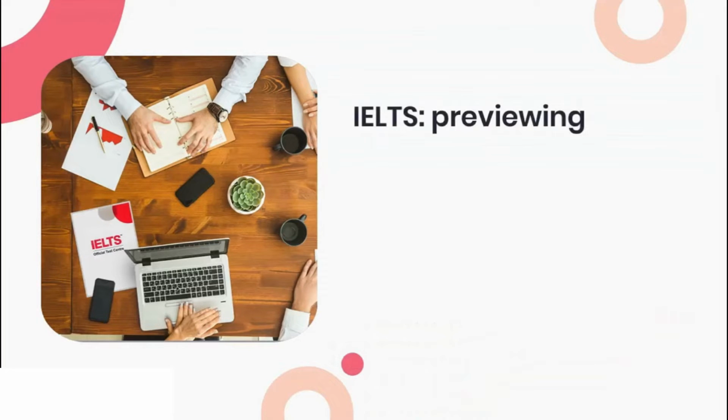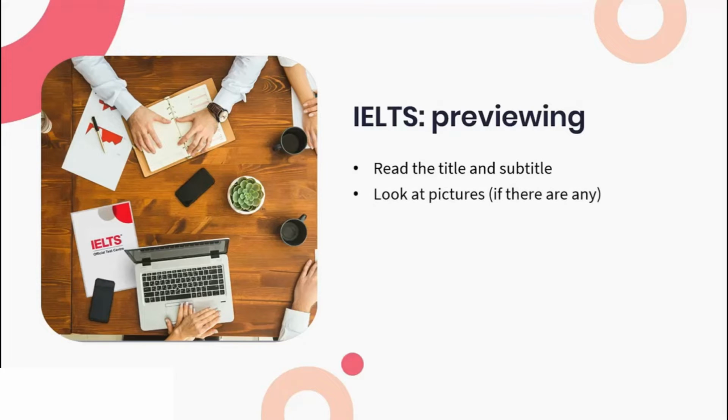When you are previewing a text in the IELTS reading section, you can start by reading the title and subtitle, if there is a subtitle, of the text. Then you need to look at the pictures, if there are any. You will then use your own knowledge about the world to imagine what the context of the text might be.